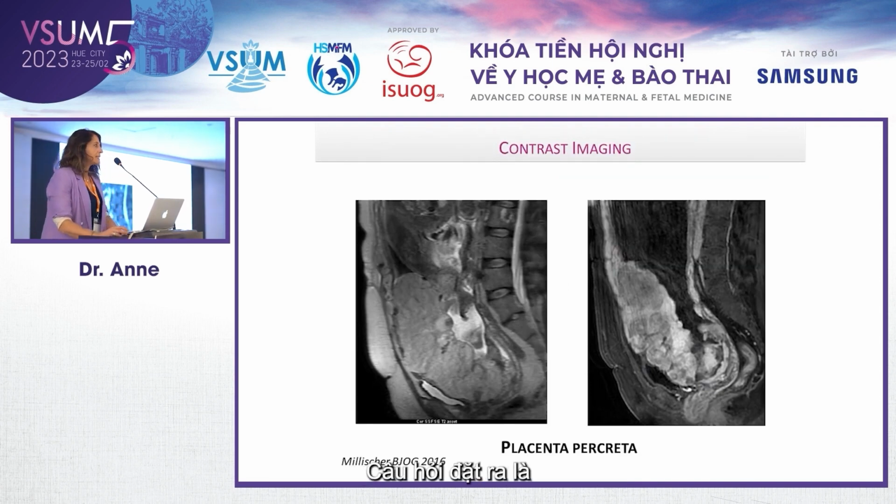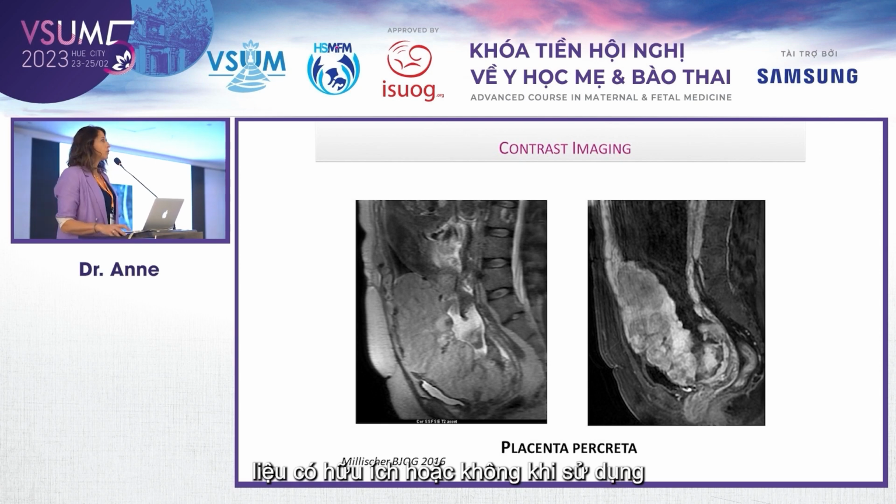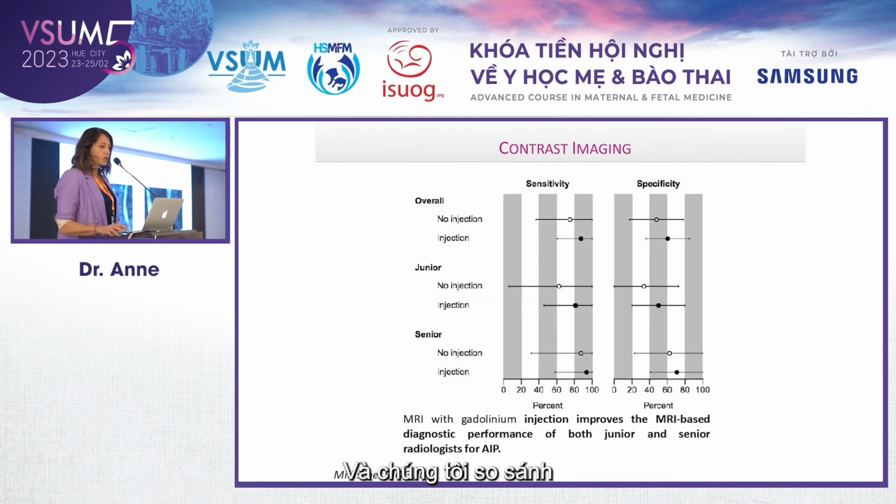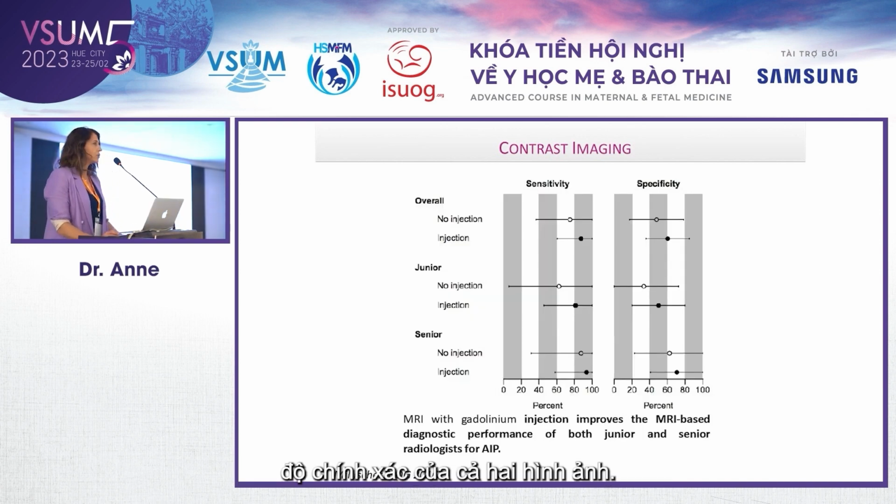The question is probably, is it useful or not to use contrast during MRI? And we know that it's not so safe to do MRI with contrast in pregnant women. But when the benefit is superior to the risk, we can question that. We did the comparison between the placenta with and without gadolinium injection, and we tried to compare the accuracy of both imaging.